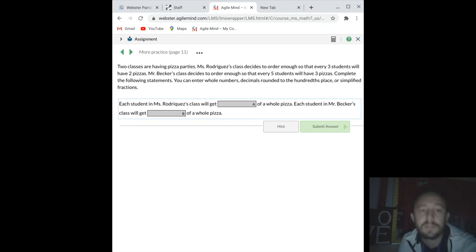All we're doing is finding the unit rate. In order to find the unit rate for the amount of pizza each student eats, we need to do the pizza divided by the students.